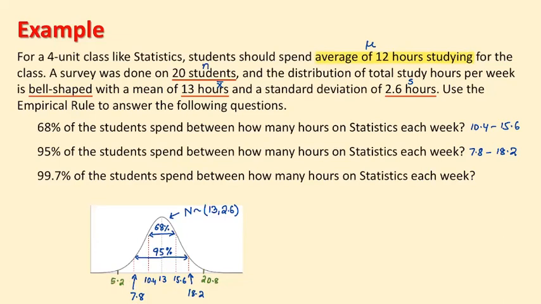According to the empirical rule, within 3 standard deviations of the mean, we'll have 99.7% of the data. So in this case, it is between 5.2 and 20.8 hours.